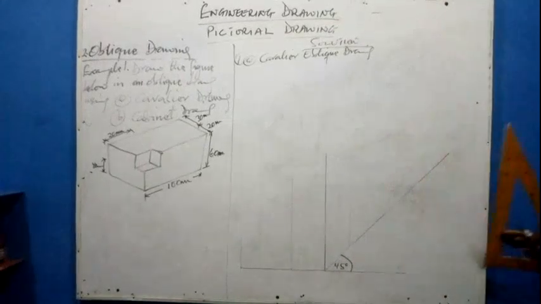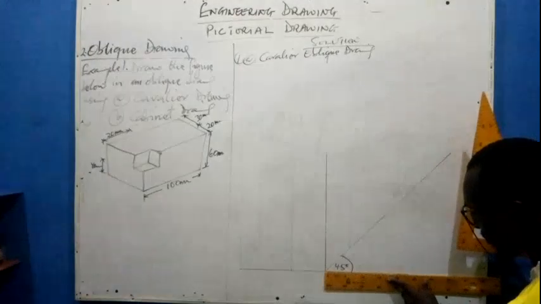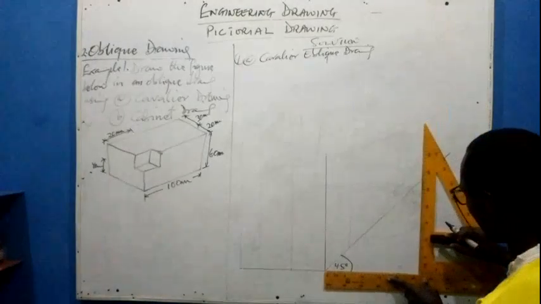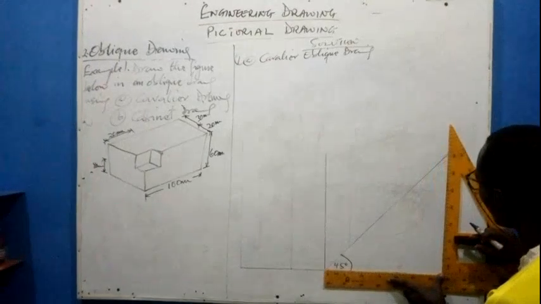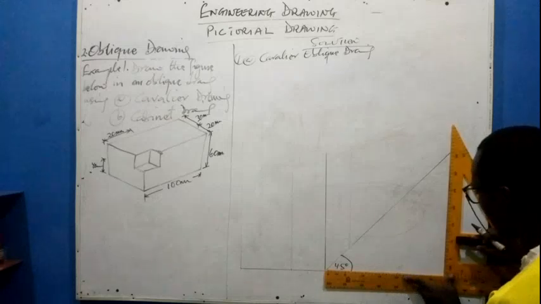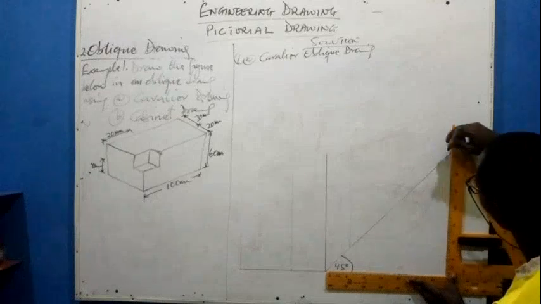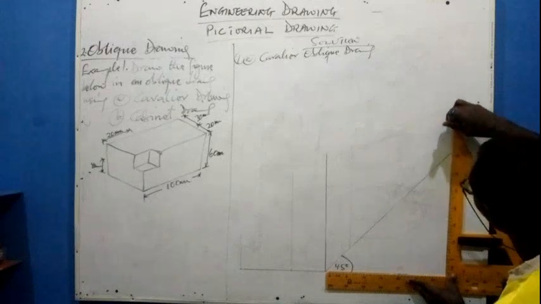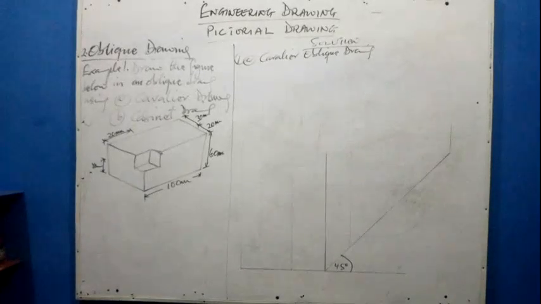Because the line is not up to this, I'll just use the rule to guide it. Then I can do this side too. Okay, I've gotten my horizontal section.